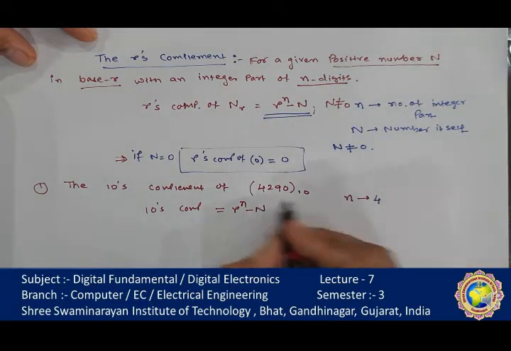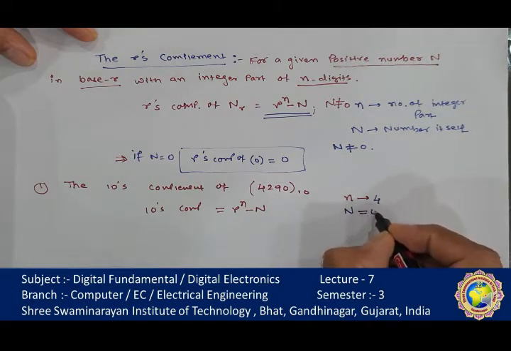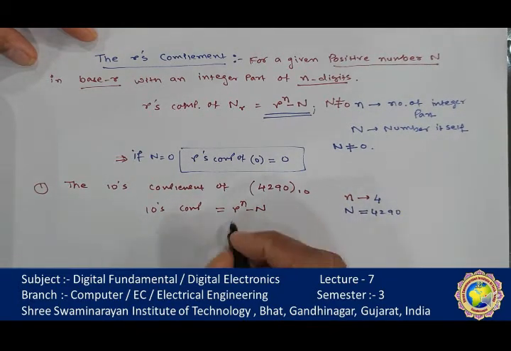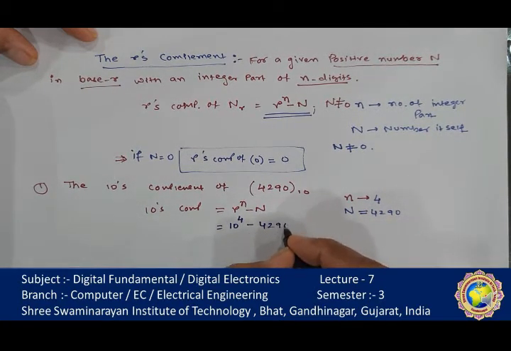And capital N is equal to 4290. So as per the definition, 10 raised to 4 minus 4290.